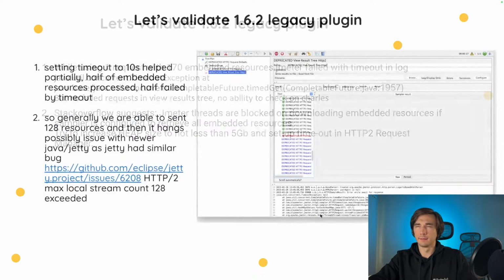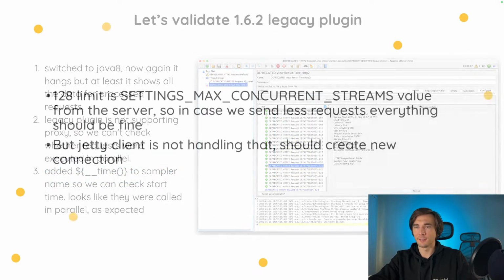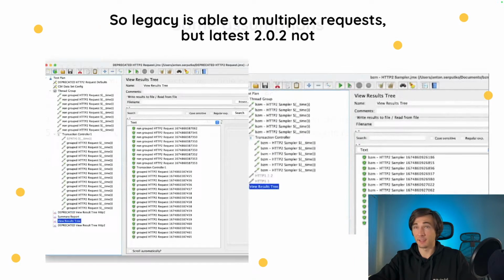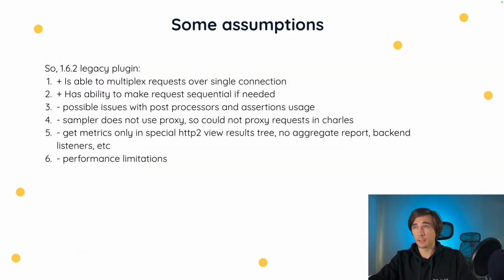But that's actually all the advantages of this legacy plugin, because other than that, it does not allow you to use post processors, assertions, and even listeners in any normal way. Data will just not be reported there. Why? Because at the moment when the listener is executed, those async requests are still in progress.